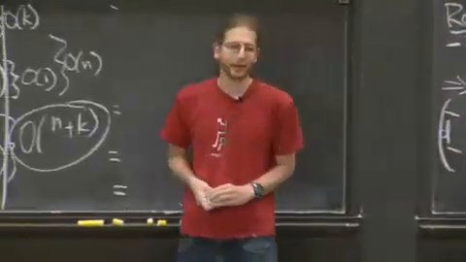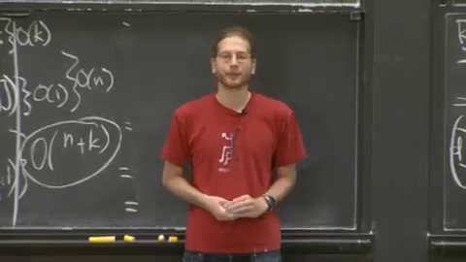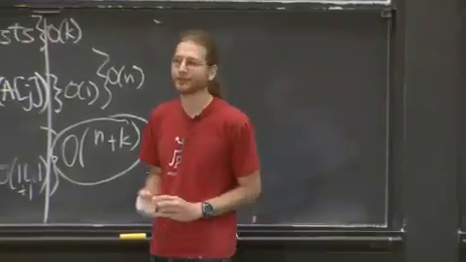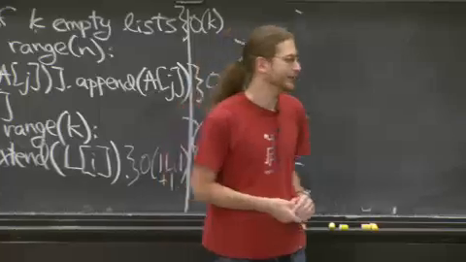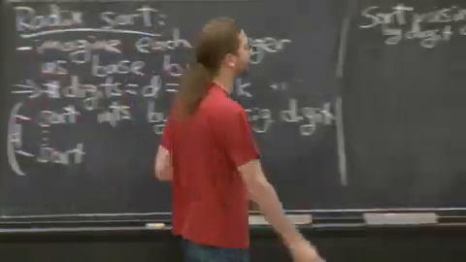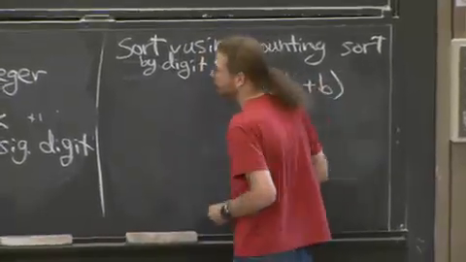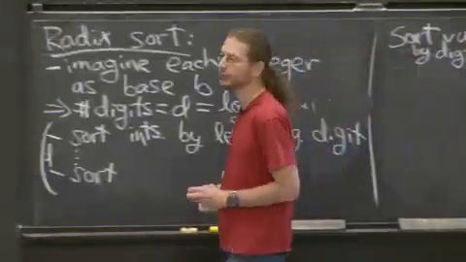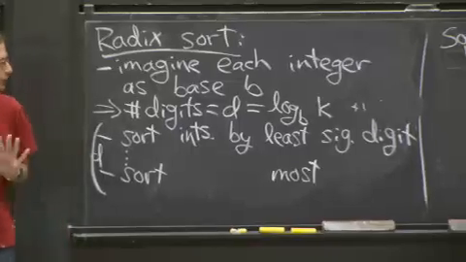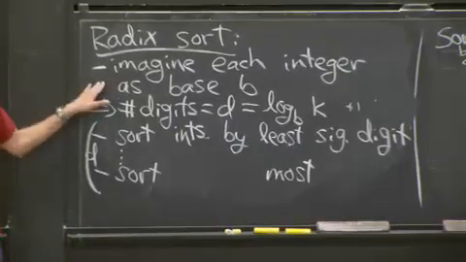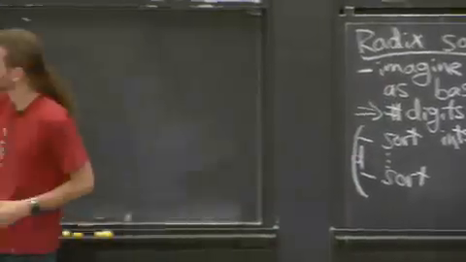Normally, it's n plus k. Here it is n plus b. Good. Because all of our digits are between 0 and b minus 1. So we're just sorting by digit. Now here is where we're using this idea of a key.